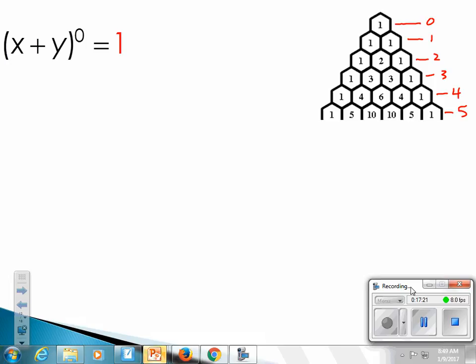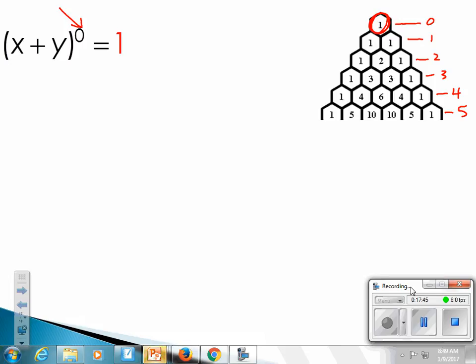Here's why that's important. Okay, x plus y to the 0 is equal to 1. Because this right here tells me I'm looking at row 0. So if I go over to row 0, the only thing in row 0 is 1. So anything to the 0 power is 1.